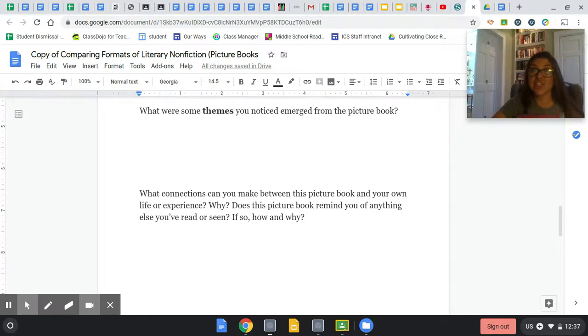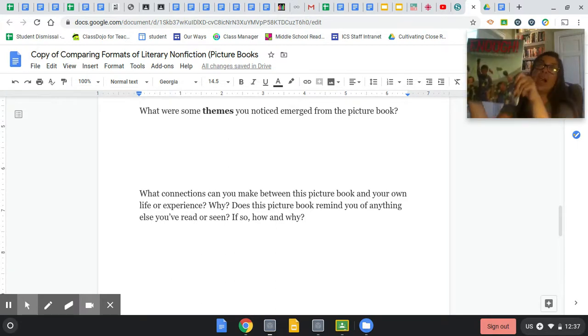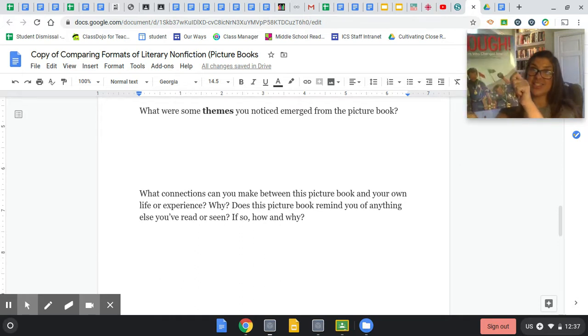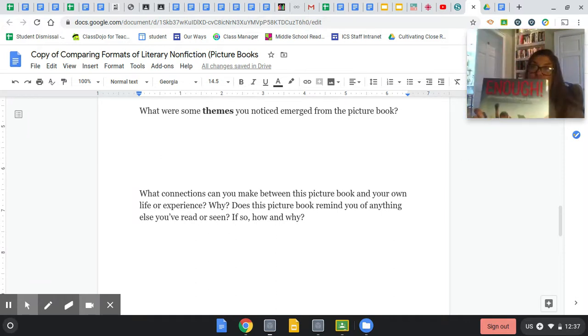The second connection that I have is that I don't see a lot of First Nations people represented in this book. So that's my connection, that I would have liked to see First Nations people in this book. There's a lot of First Nations protesters that I am familiar with.